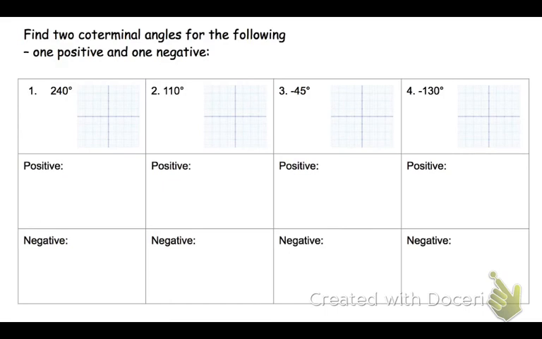So, the first example, 240 degrees. We saw in a prior example that 240 degrees was in the third quadrant, slightly closer to the negative y-axis, and since it is positive, we're going through first, second, then third quadrants.